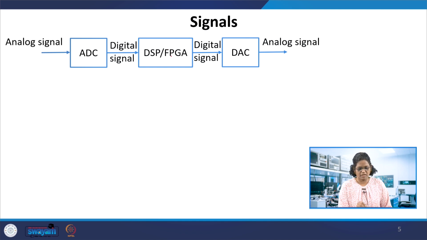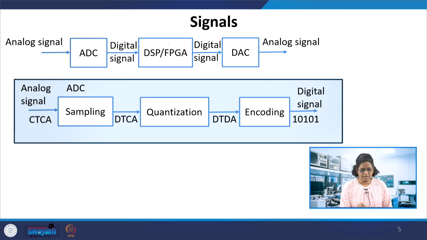Either your DSP has the filter or FPGA has the filter, or it can be a simple amplifier magnifying the signal, or, especially in the case of what we have learned about filters, removing certain frequencies or spectra from the signal. Then the output of the FPGA or DSP will also be a digital signal, and this digital signal is again passed on to the digital to analog converter, and then we get back the analog signal. So the filter designs and everything will go into the DSP or FPGA.